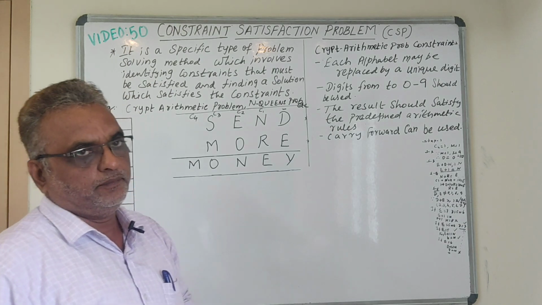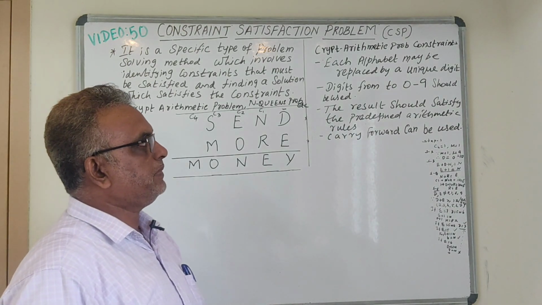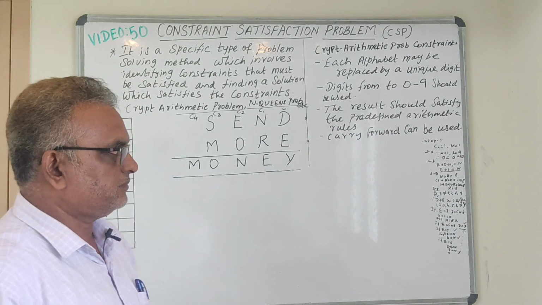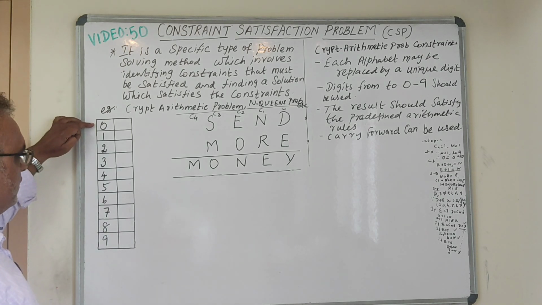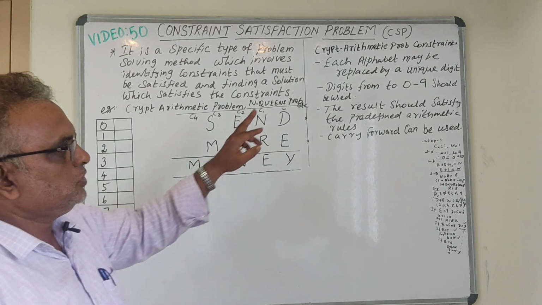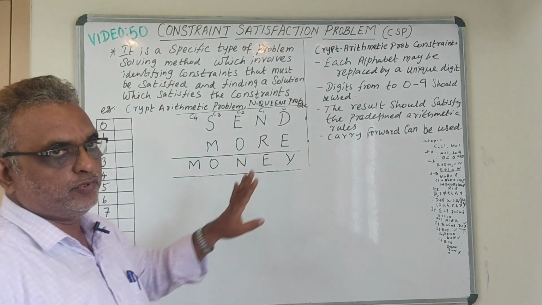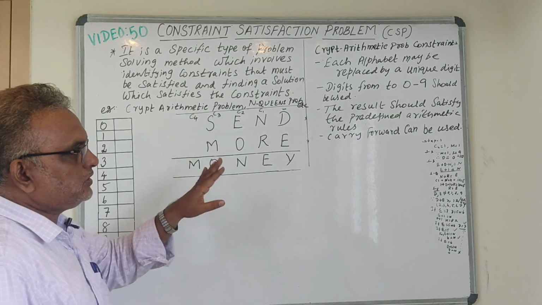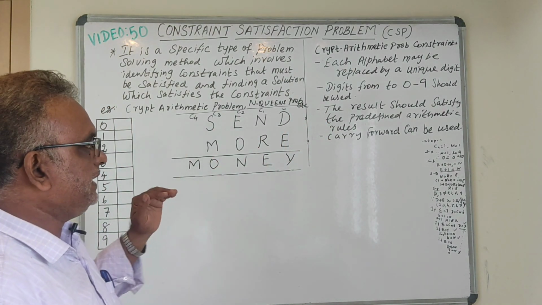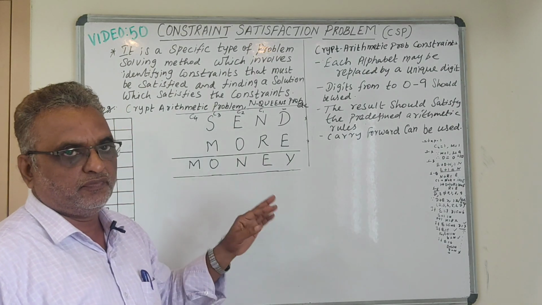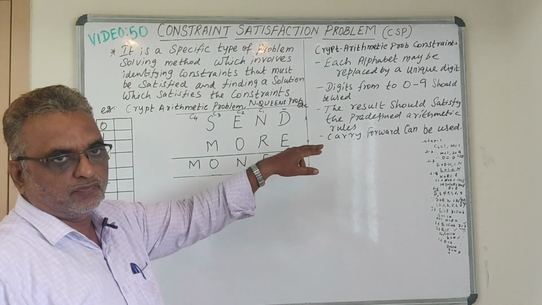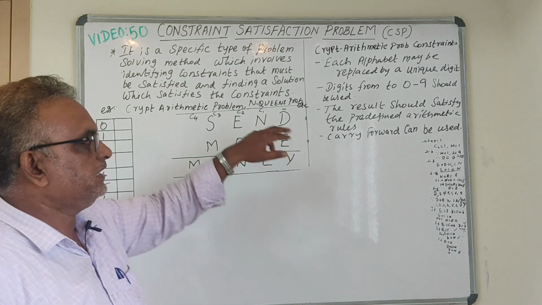Each alphabet may be replaced by a unique digit. We can make use of the digits from 0 to 9, so digits from 0 to 9 should be used. The result should satisfy the predefined arithmetic rules, and you can make use of the carry forward wherever it arises.